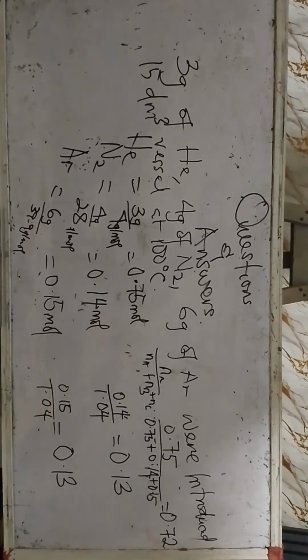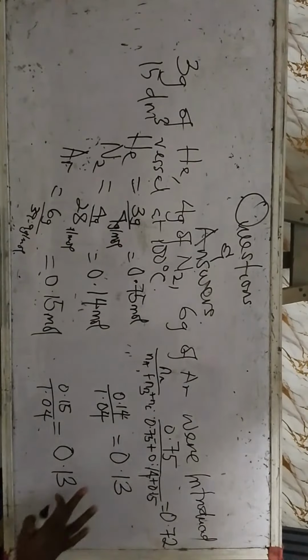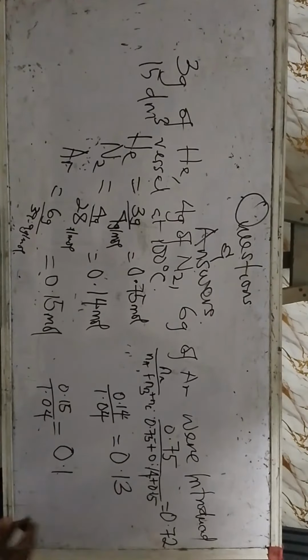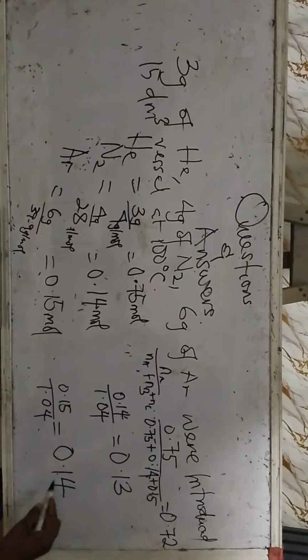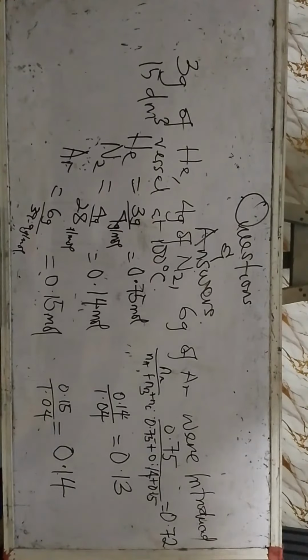So we have gotten the first question, which says, what is the mole fraction? And we have calculated the mole fraction. Argon is 0.14, not 0.13. 0.14 is argon. Good. So we have succeeded in calculating the mole fractions.